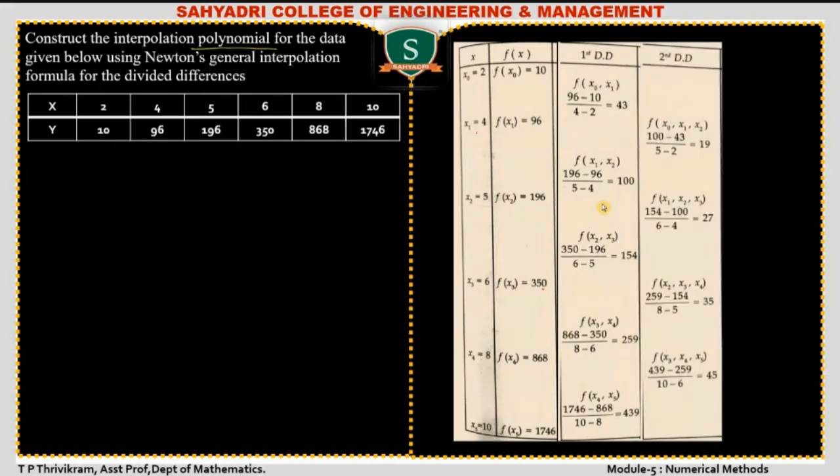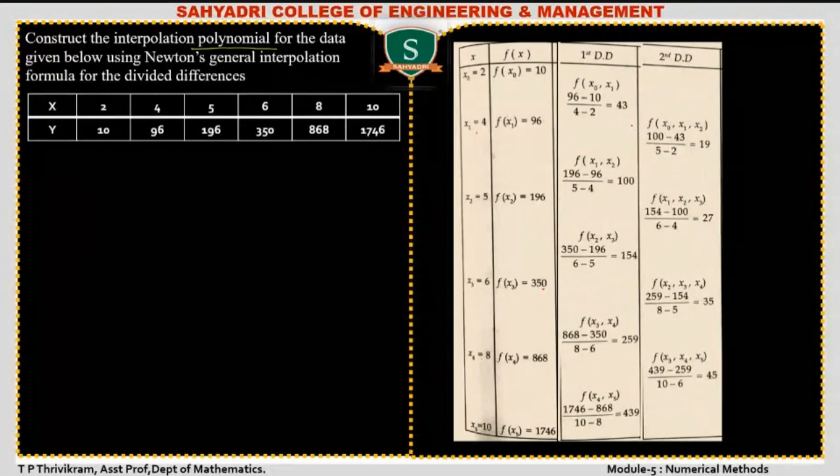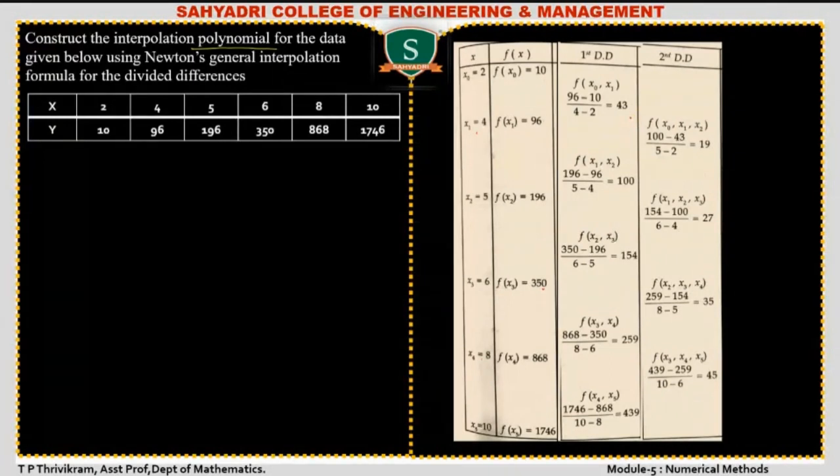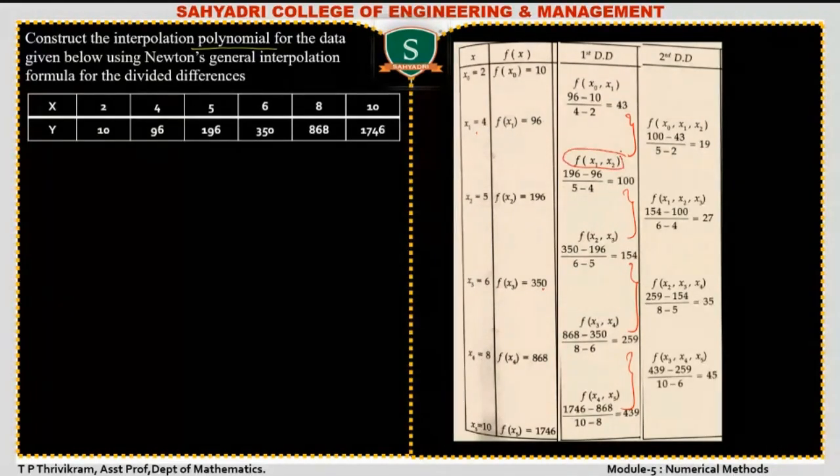Now go to the second order difference. The second order difference is between these two, next to these two, and so on. So you are dealing with f of x1 comma x2.